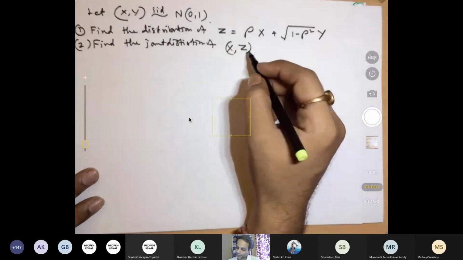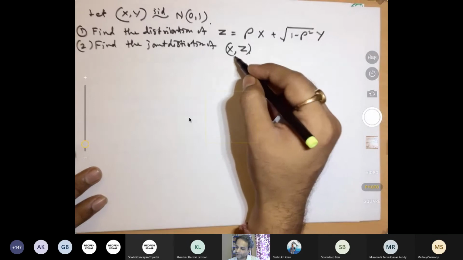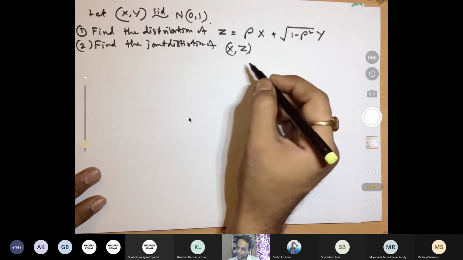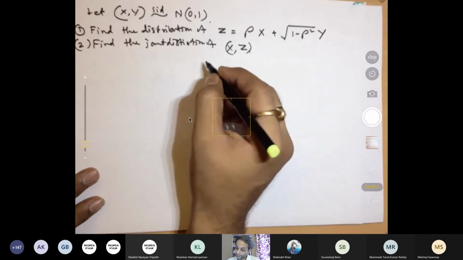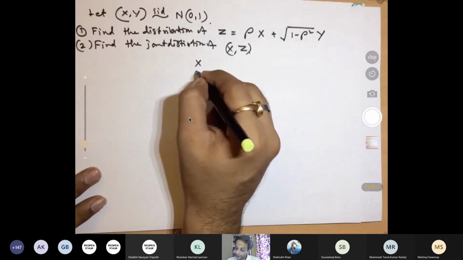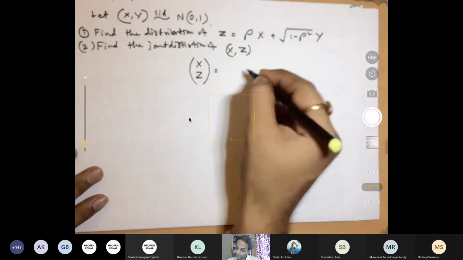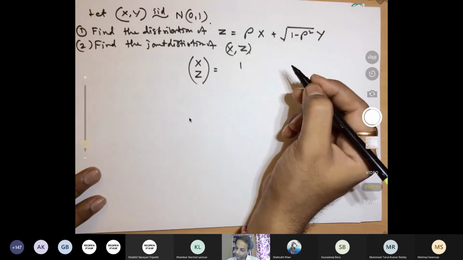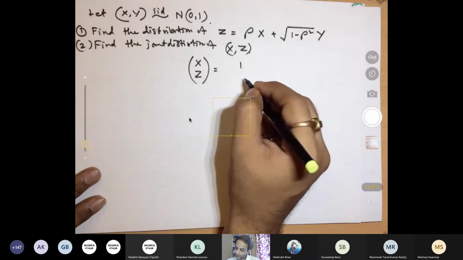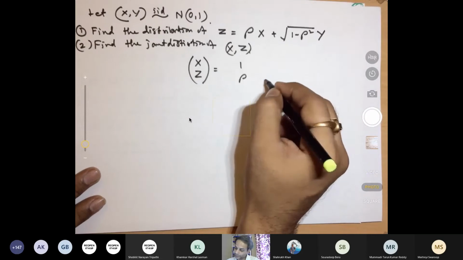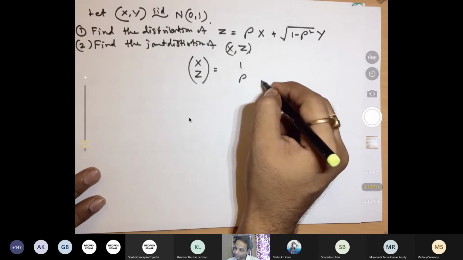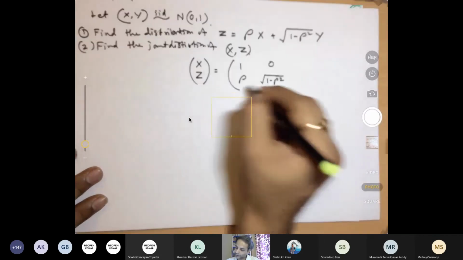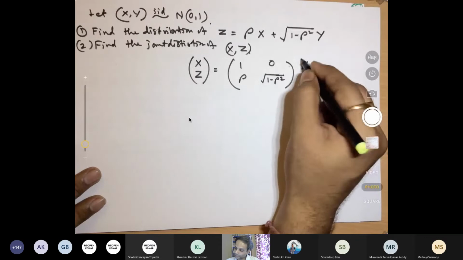So, what is the transformation from xy to xz? You can write it this way: x z equals 1, 0 for x, and for z this part is rho, this part is square root of 1 minus rho square, times x y.